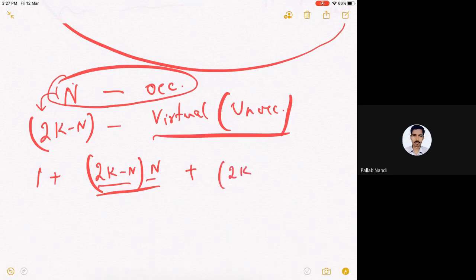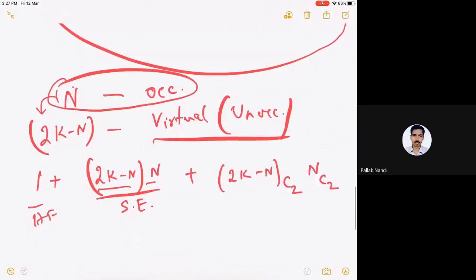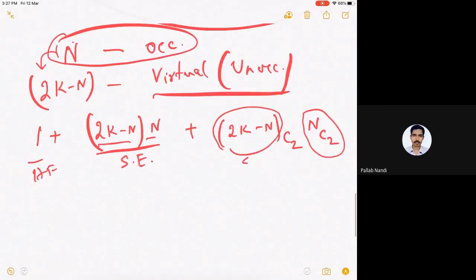So this is singly excited. This is Hartree-Fock, of course, HF. The number of doubly excited was 2k minus n C2 times nC2. Here of course nC2 was 1. It is the number of ways that I can take out 2 electrons from the n spin orbitals and distribute them in the 2k minus n. So that is your doubly excited.